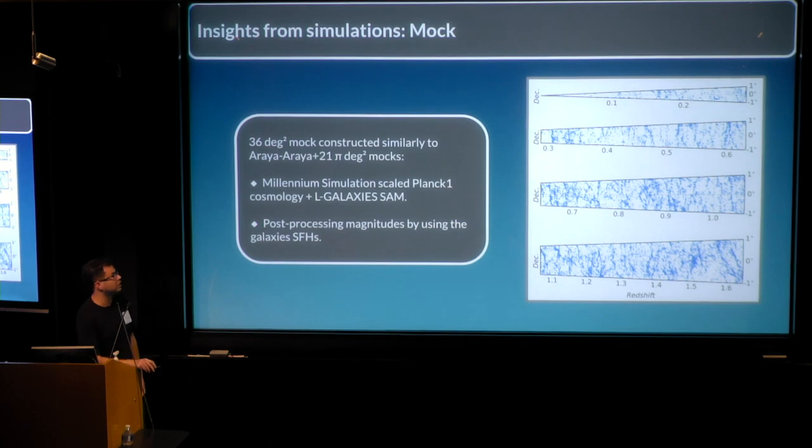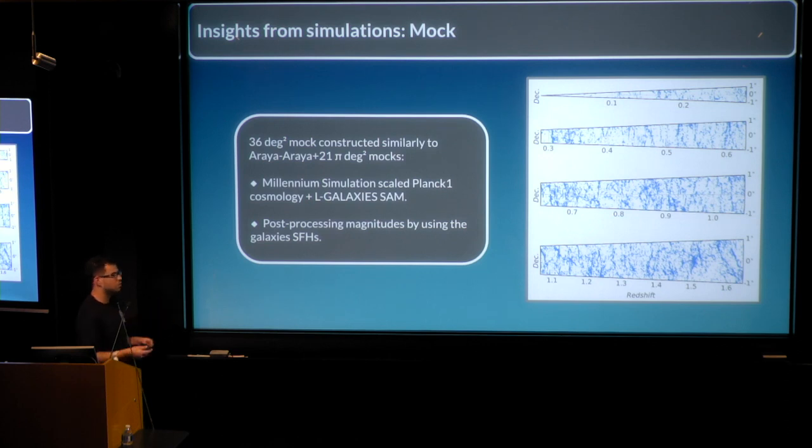So the data that we use is a 36 square degrees mock constructed with the techniques that I developed in my master's work, in my 2021 paper. I basically use the Millennium simulation, a scaled Planck cosmology, plus the L-Galaxies semi-analytic model.